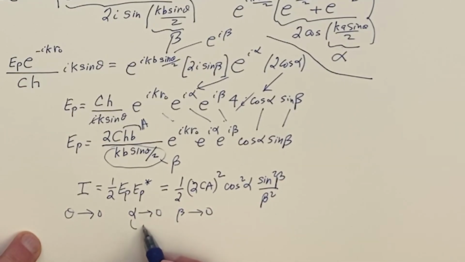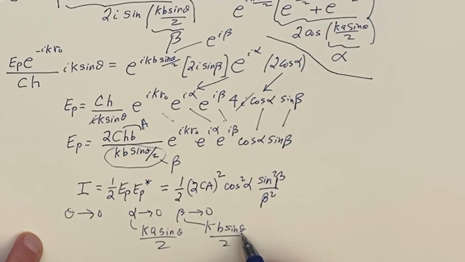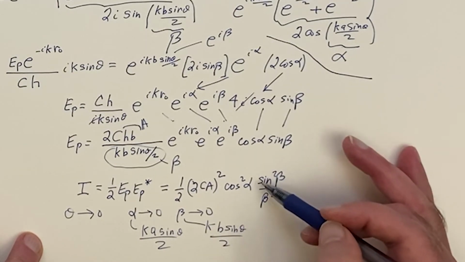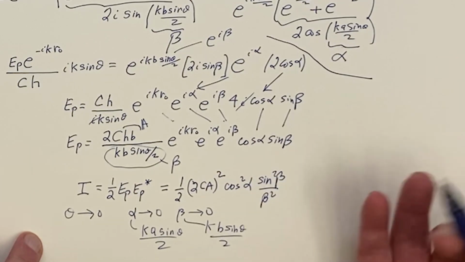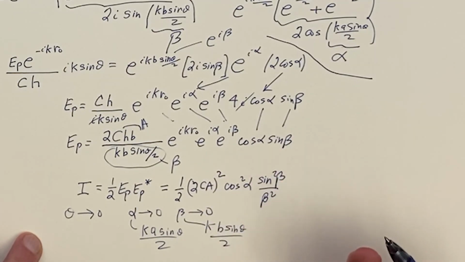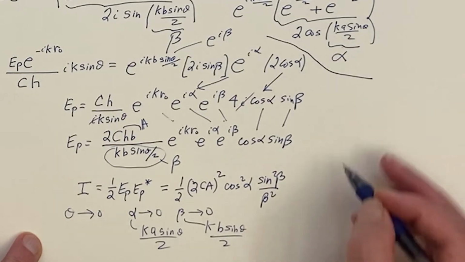Because remember, this is your Ka sine of theta over 2, and this is Kb sine of theta over 2. So when the thetas are 0, beta is 0, alpha is 0. But I know that when that happens, this becomes 1, and this becomes 1. So I'm good. That means I have the I naught out in front. So I'm finished.